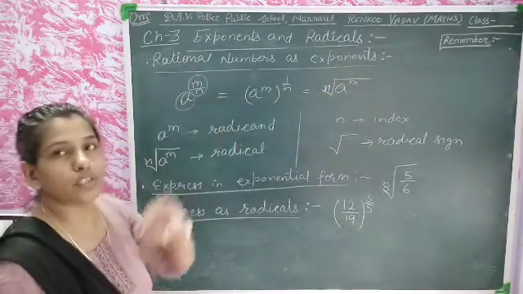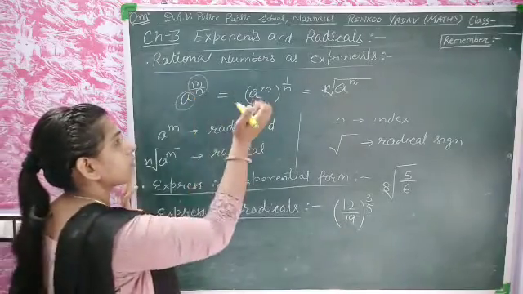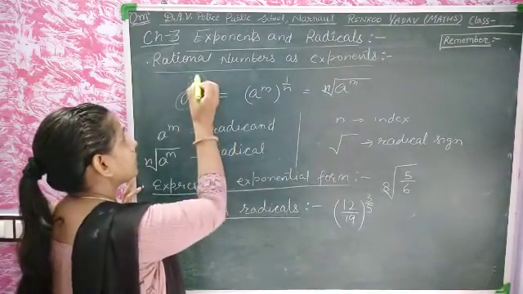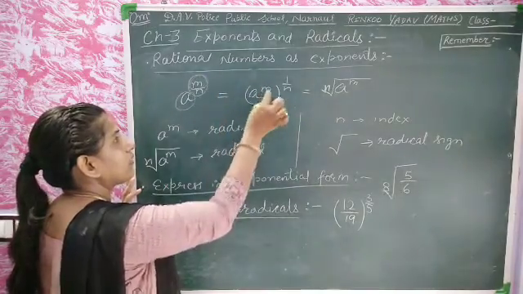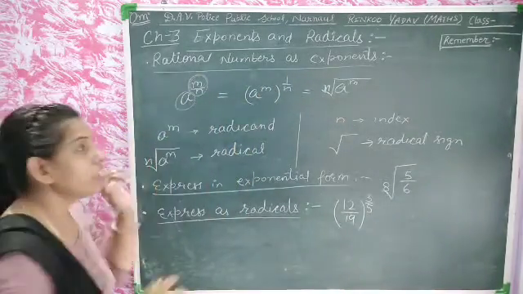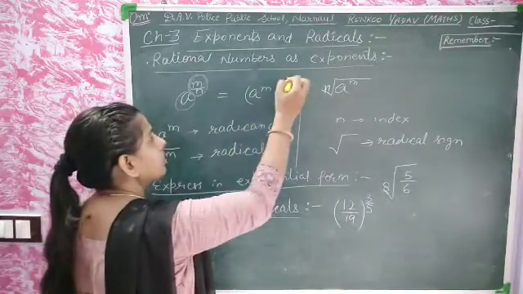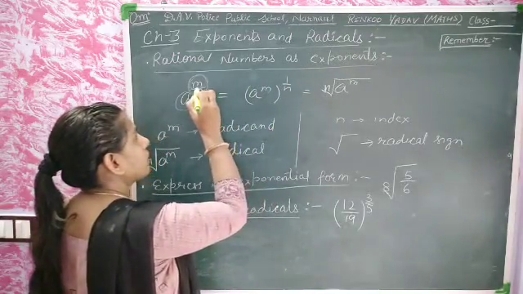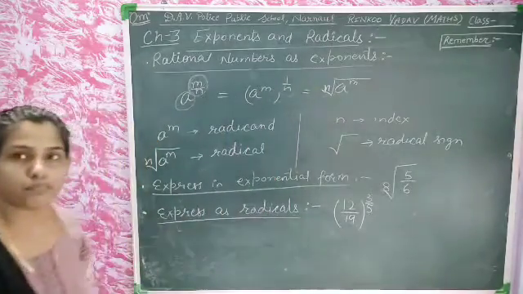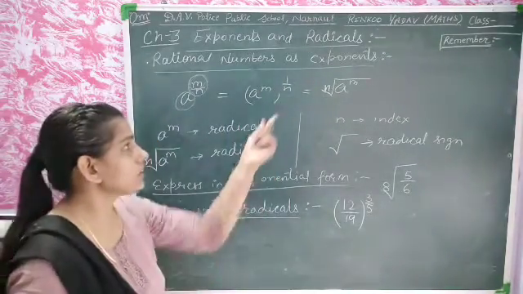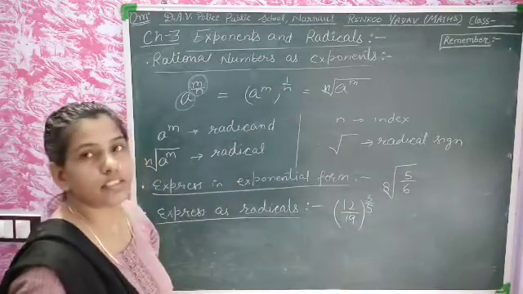The numerator is taken as the power of a, and the denominator is taken as the radical power. Is this clear, students? This is the radical power here.